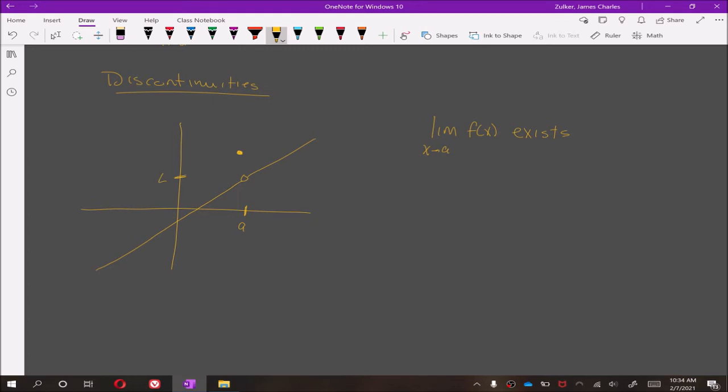Let's call it L. But it does not equal f of A, which is this point up here. So this type is known as a removable discontinuity.